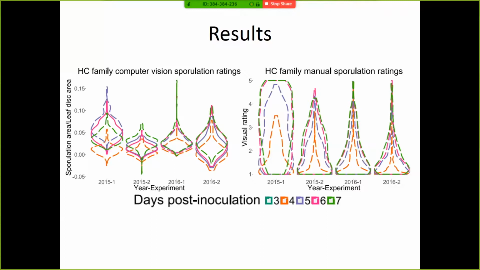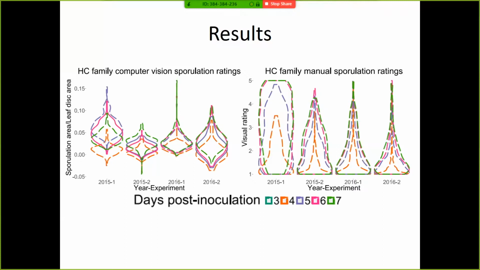And for example, in the first experiment at 7 days post-inoculation, it kind of moves down instead of being close to 5 and 6, which are the blue and purple in the first graph.